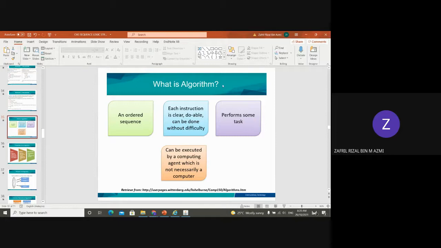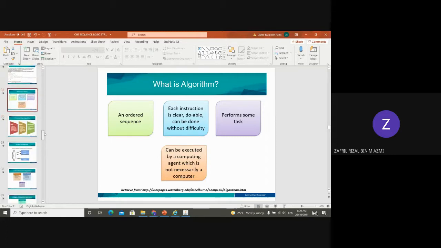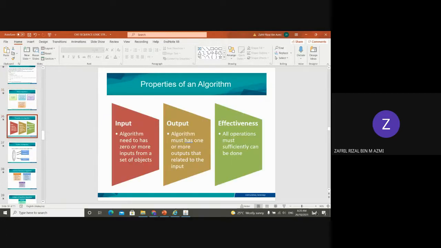Algorithm and pseudocode are the same. It's how you write it. The elements inside of it, everything is the same.